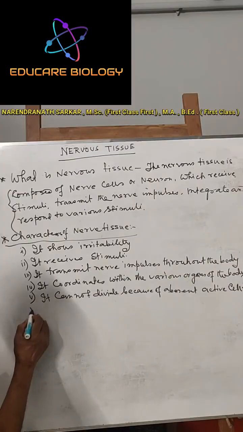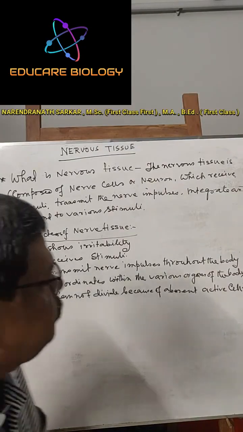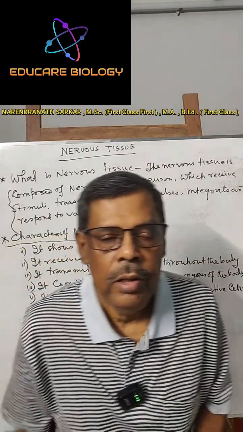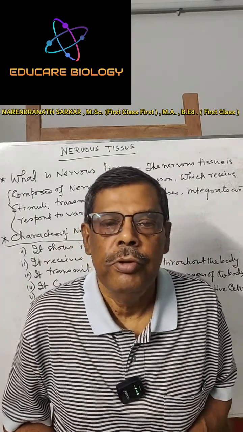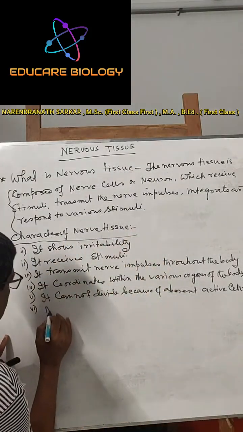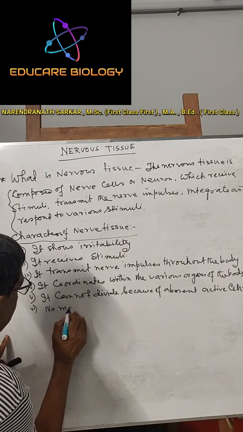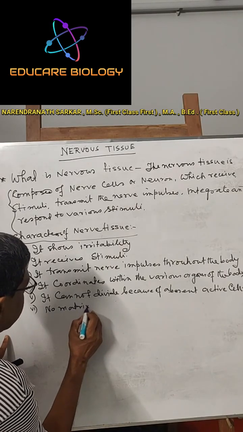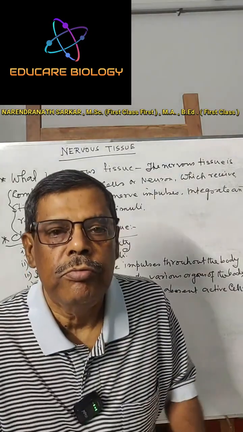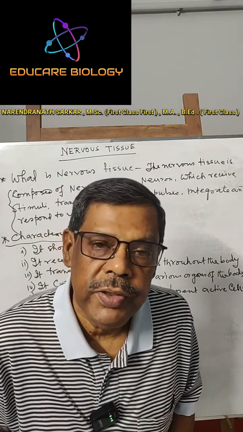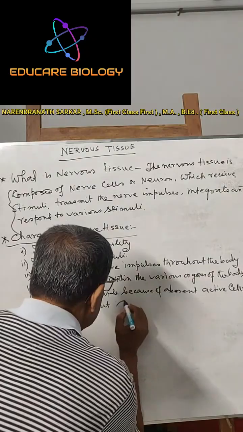Next, Roman 6. There is no matrix of nerve tissue, no matrix. But connective tissue is present.